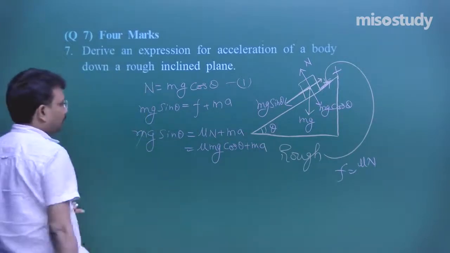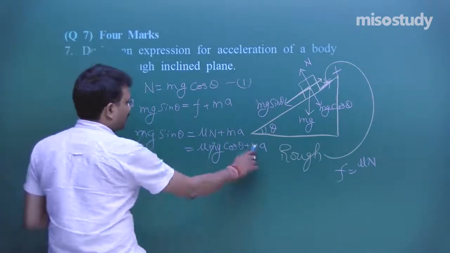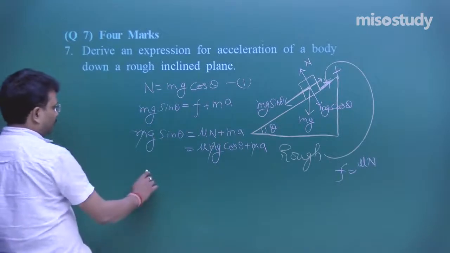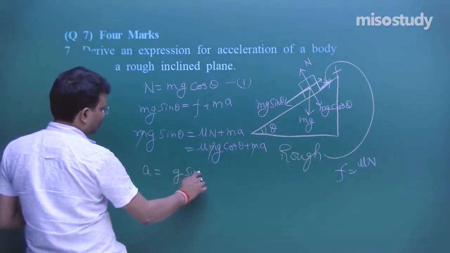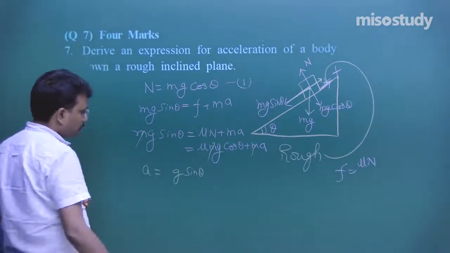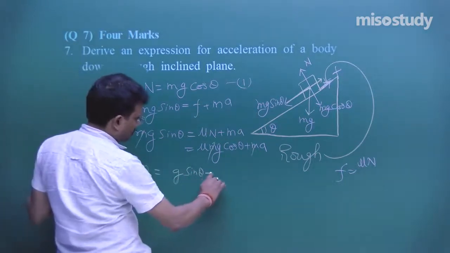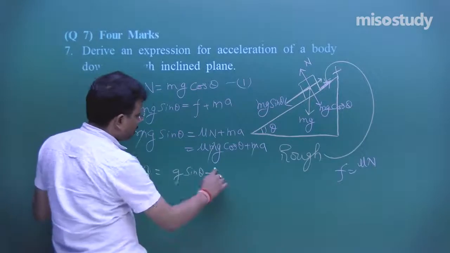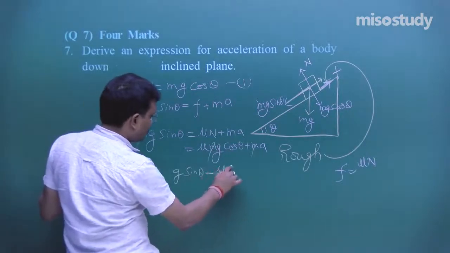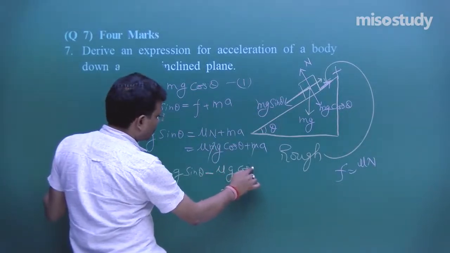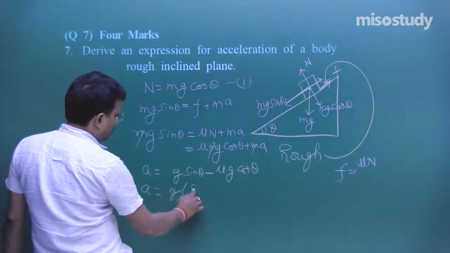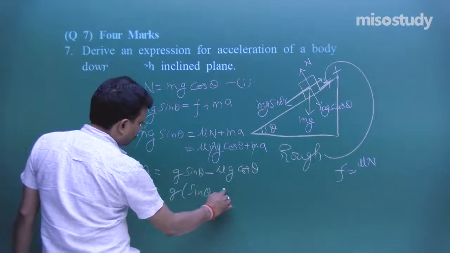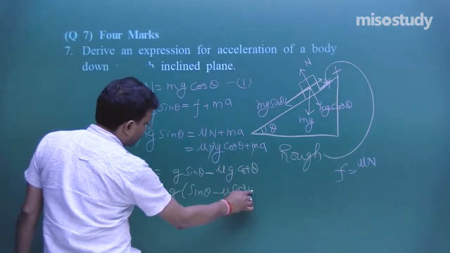Now this m and this m cancelled, so you will get a is equal to g sin theta minus mu g cos theta, or a is equal to g(sin theta minus mu cos theta).